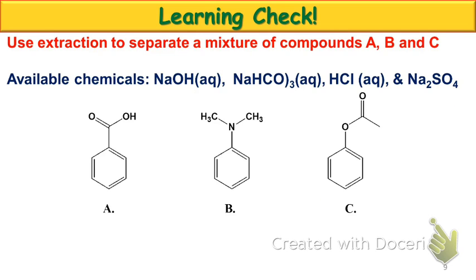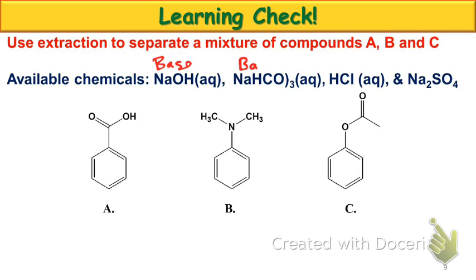So, if we had to come up with some way to separate these three compounds using an extraction technique, so that's what we just walked through, what could we do? What is NaOH? It's a base, a particularly strong base. What's that next one? Can't see it. NaHCO3.